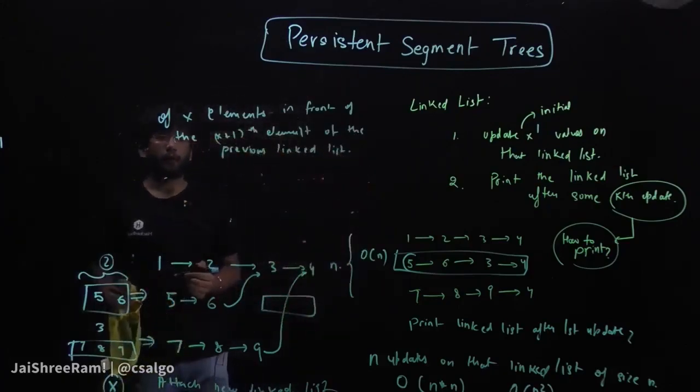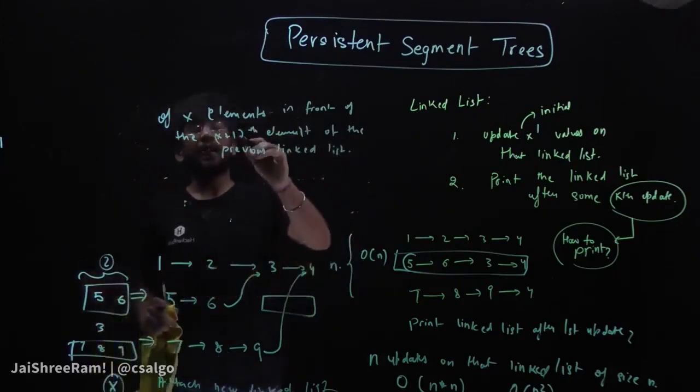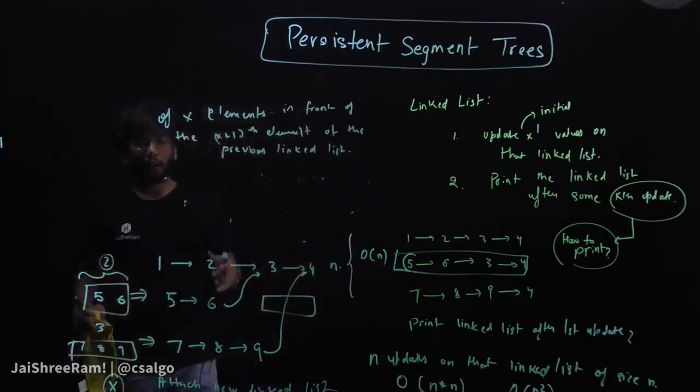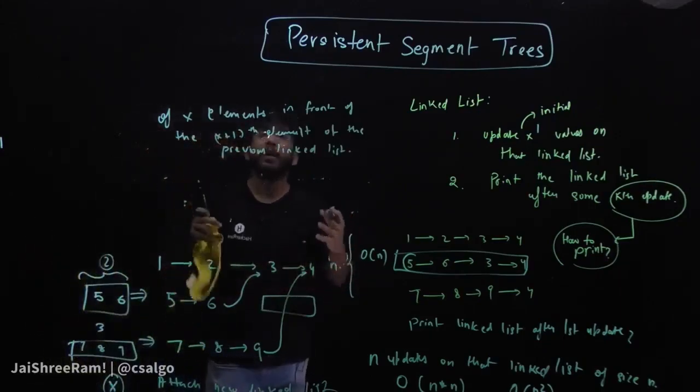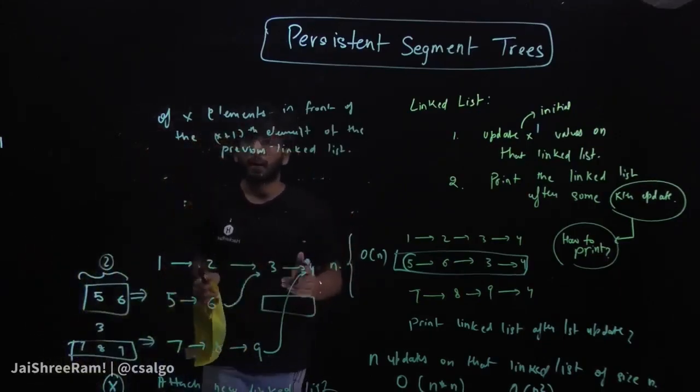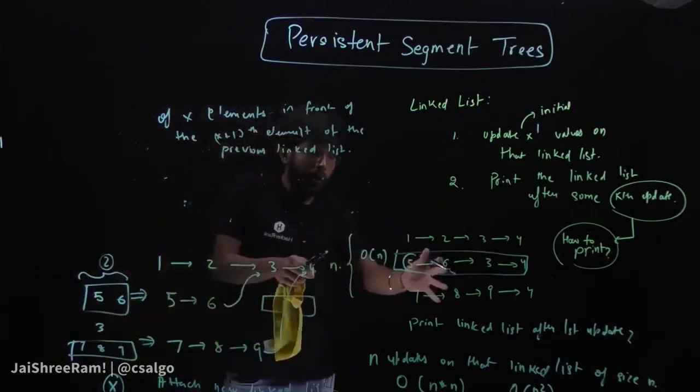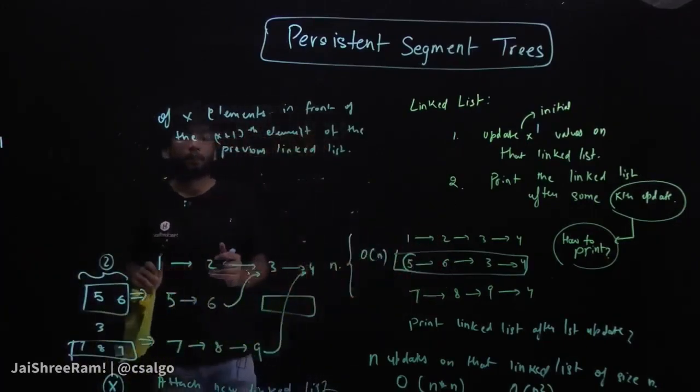Basically, the X plus 1th element of the previous linked list would be the next element to the first X elements of the new linked list that's coming in. And this is how there would be a reduction in the space as well as the time.